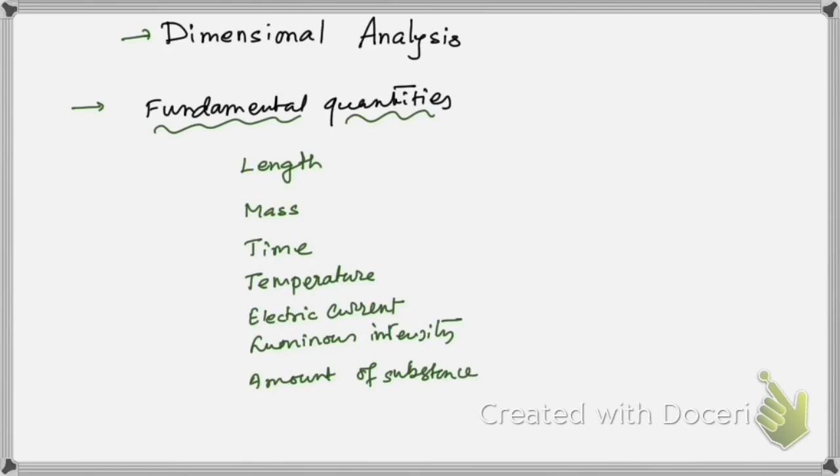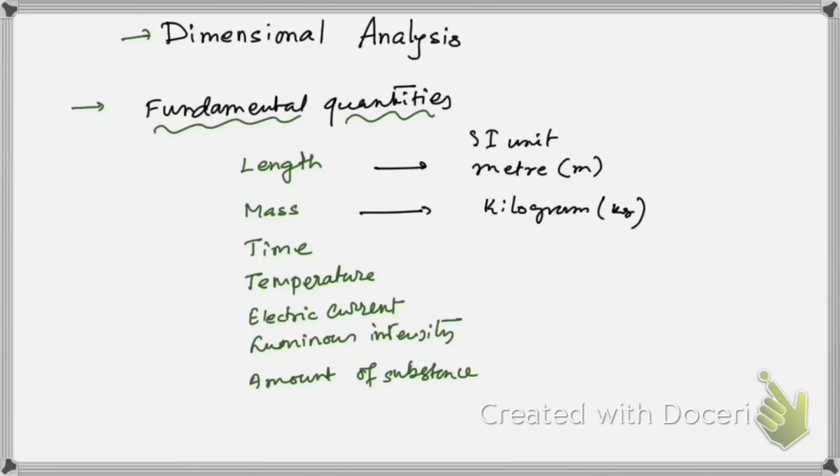So, their SI units. The SI unit of length is meter, so the symbol is m, and the SI unit of mass is kilogram, its symbol is kg, right?